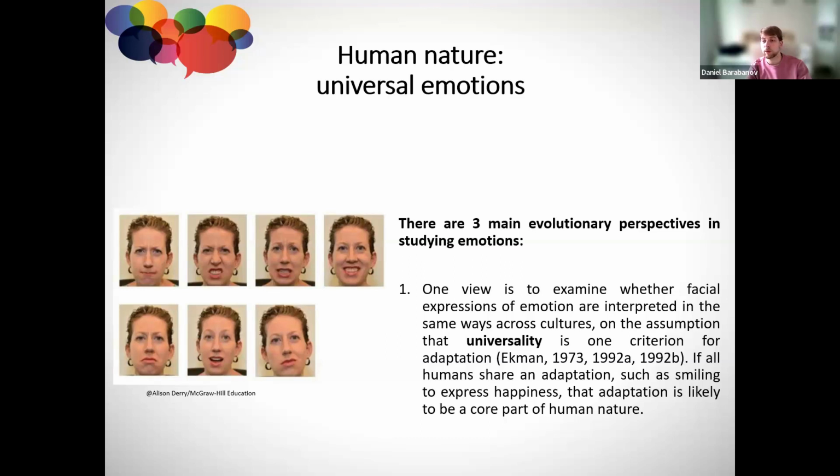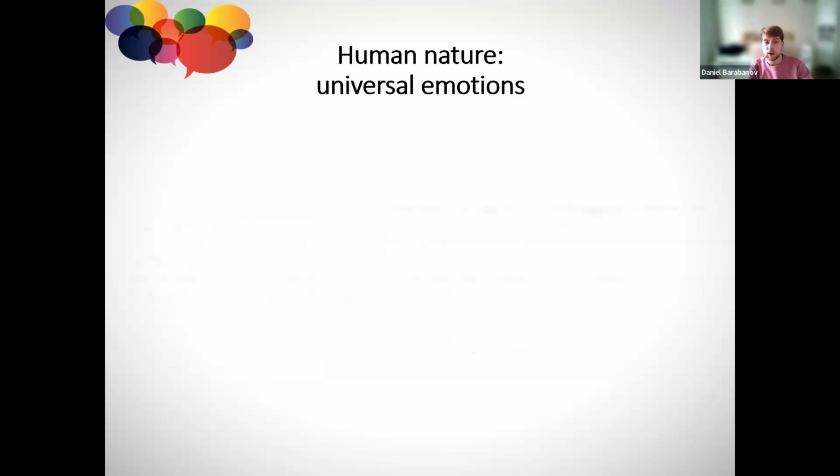So, according to this perspective, if all people have the same basic emotions, those emotions can be considered as an adaptation which helps people to survive. Thus, all people have this feature of expressing emotions. So why can emotions be adaptive?